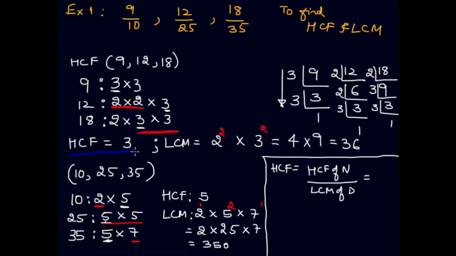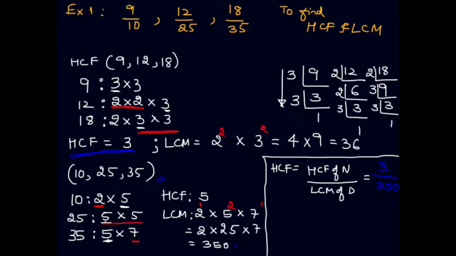HCF is this right here. So 3 divided by, what is the LCM of denominators? Denominator is in this section here. So it's 350. That's it. That's the HCF.